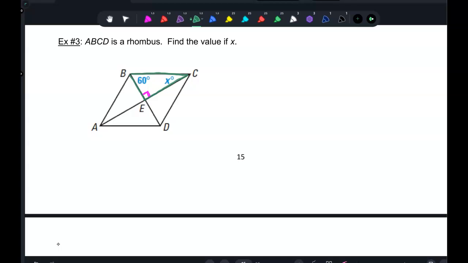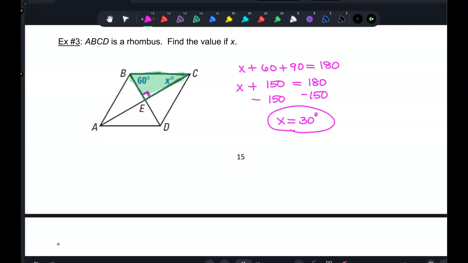So I say x plus 60 plus 90, those 3 have to add up to 180 degrees. So we get x plus 150 equals 180. Subtract 150, we get x equals 30. So that's going to be 30 degrees.